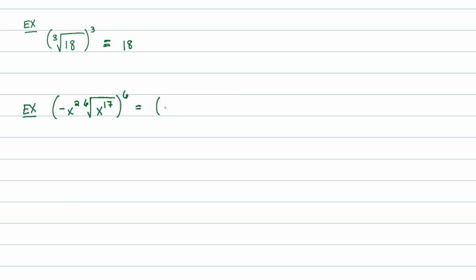So that's like saying I have a negative x squared being raised to the sixth power times the sixth root of x to the 17th raised to the sixth power. And in that first factor, I know that a negative raised to the sixth power is going to be positive. Negatives raised to even powers always turn out to be positive. So that negative is going to disappear, and I'll have x to the 12th right there.